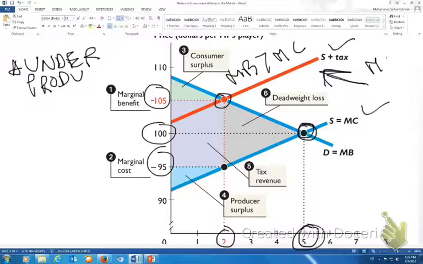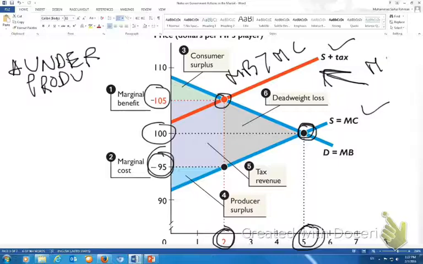At the new equilibrium, the equilibrium quantity is 2 and the equilibrium price is 105. So 105 is the price that the consumer pays, but remember, the producer takes that 105, gives $10 to the government, and actually receives only 95. Okay, so at the new equilibrium quantity of 2, the marginal benefit, which is 105, is greater than marginal cost, which is 95. So the economy wants to produce more, but the economy cannot produce more, so there is an underproduction.